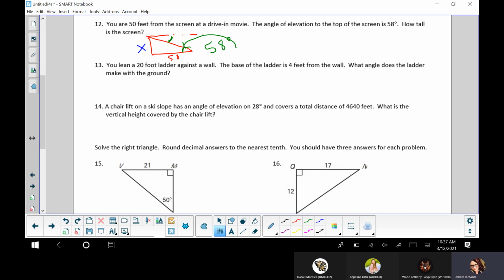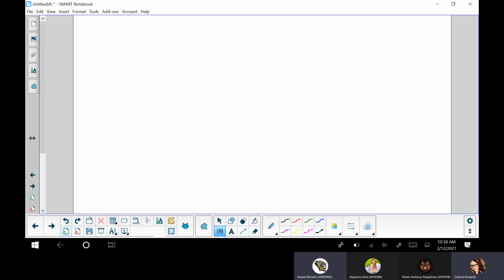If we use this angle, 58 degrees, and we use what we're given, X is the opposite side, 50 is the adjacent side. Can you see that? I know it's kind of hard to read. Hold on, I labeled X as the adjacent, not the opposite. Let me redraw this. I didn't have enough space.